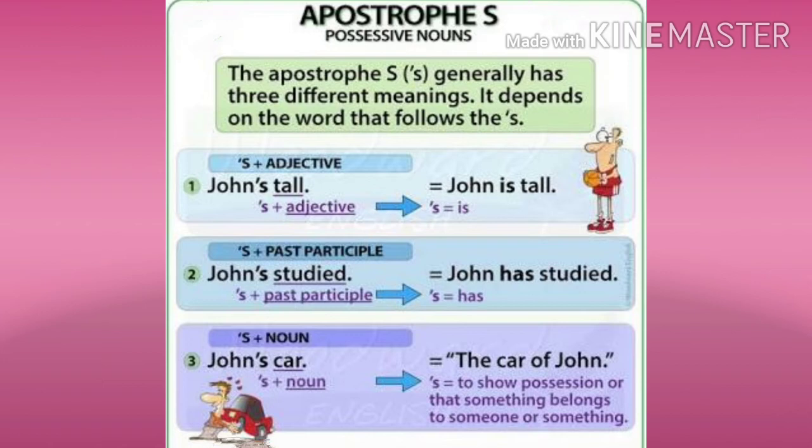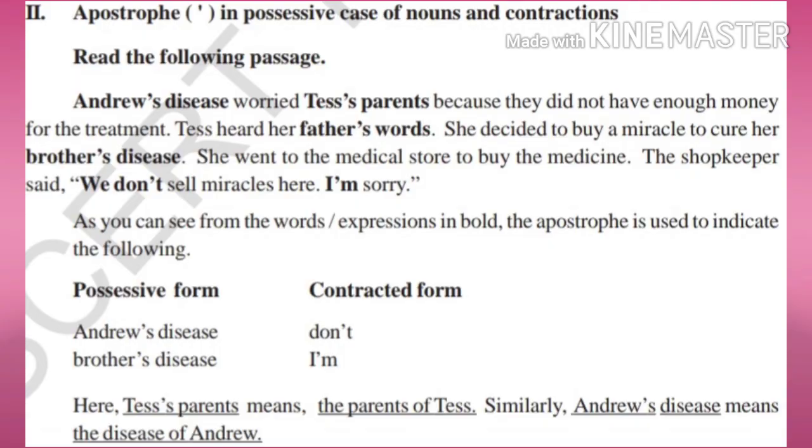After apostrophe s, we have the noun car. That means the car of John. So, apostrophe s shows possession, that something belongs to someone or something. So, here we can understand that apostrophe s has different meanings depending on the word that follows.